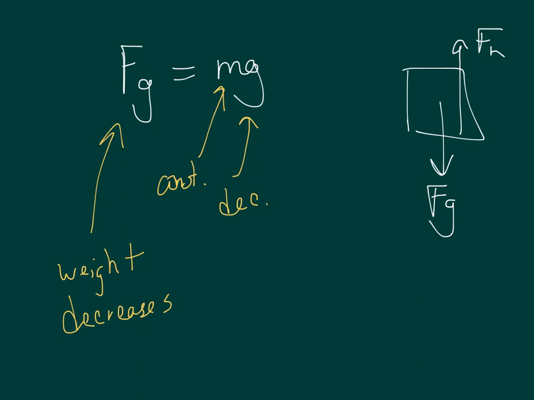Now, here's the thing that I need to point out, because I noticed this mistake on a lot of your homework. The problem gives you the weight of the object. So say the beginning of the problem says, the weight of the object is 37 newtons. What is that as a variable? Isn't that just Fg? That is Fg.